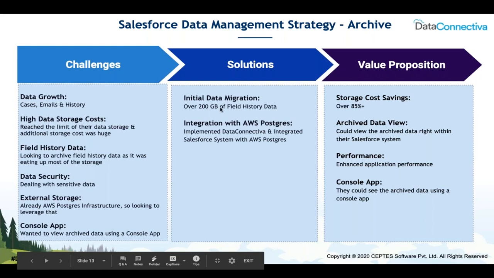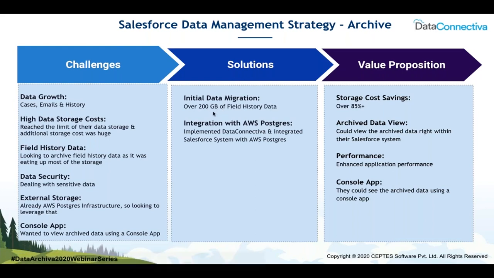Live record. The main challenge when implementing the solution was that they wanted to initially offload 200 plus GB of field history data. That was one of the major requirements. What we were able to do was use multiple APIs to initiate the archive and offload this data.